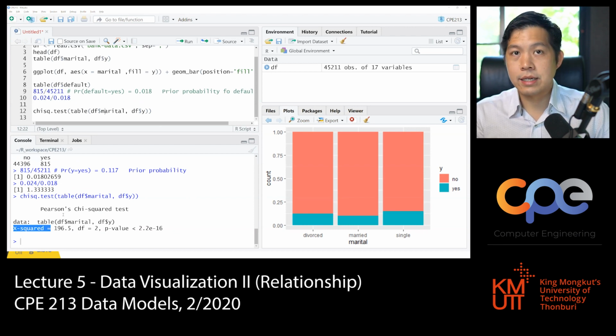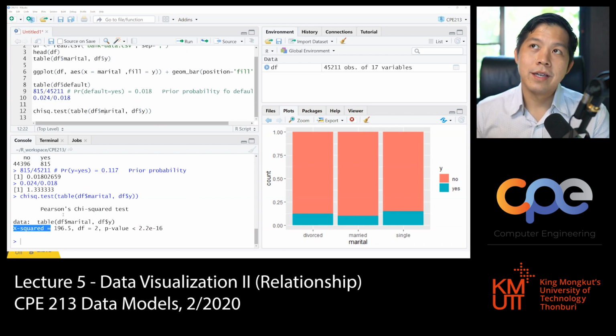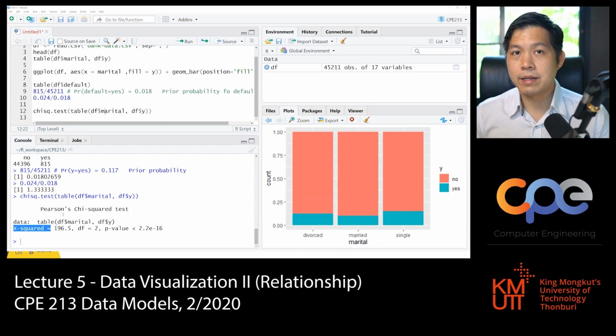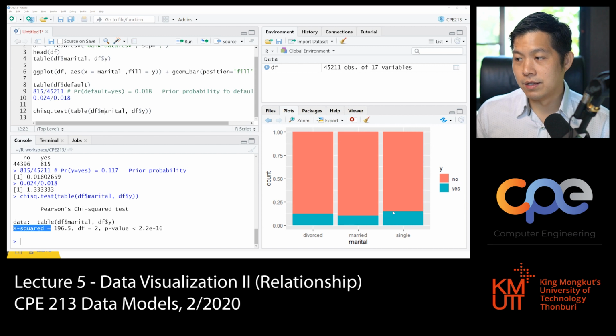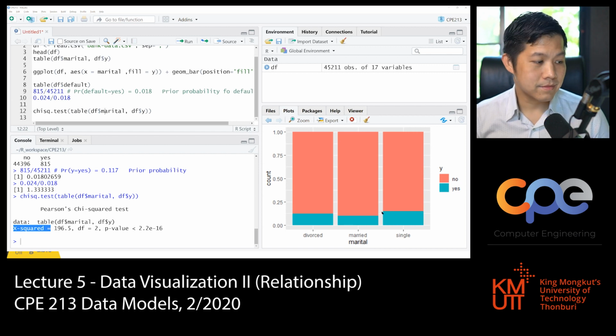We would call it significantly associated. But that significance might not be practically significant. It is significant in statistics. That means they are associated with one another, but that association might not be that much of a difference here.